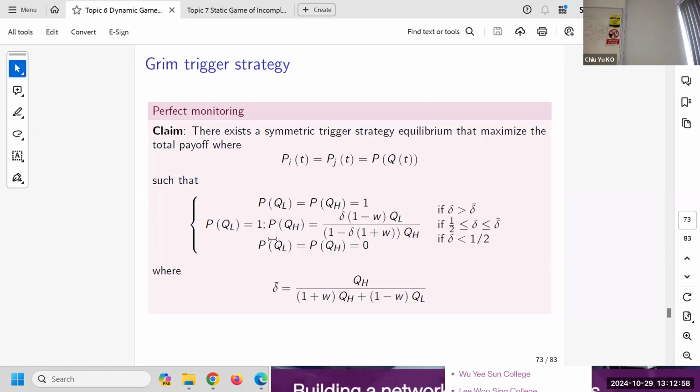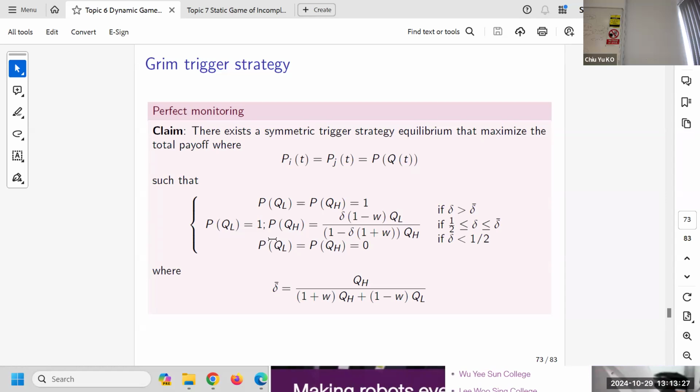Now, of course, not surprisingly, if they're not patient enough, they will enter Bertrand, where they charge zero price, because they compete. Because they're impatient, they don't care about the future. You care about today's payoff, then everyone undercuts, then undercuts again, then goes to zero. That's Bertrand. In the one-period game with marginal cost zero, at the end of the day the per-period profit is just zero.